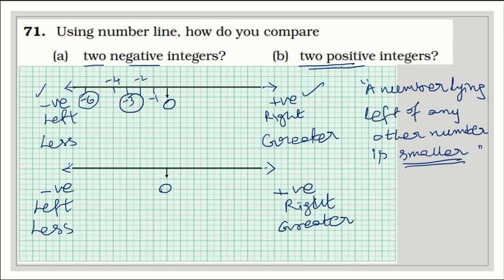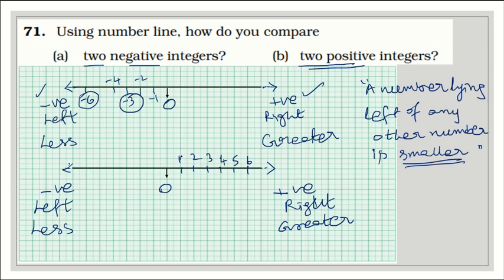But when we are comparing two positive numbers, how far is it? 1, 2, 3, 4, 5, 6 and so on.